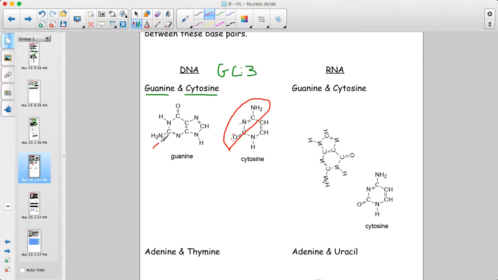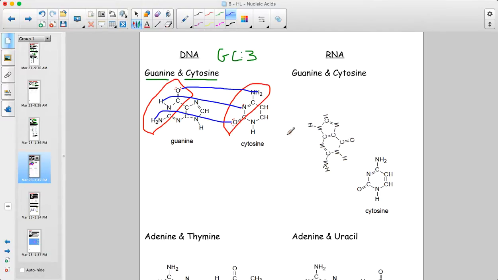If you look over here at the top left, notice this N has that H that we needed. This one has the H that we needed, and this one has a lone pair because we didn't need an H. So in the end, this H is going to be able to form a hydrogen bond here. This N will be able to form a hydrogen bond with that H. This O, a hydrogen bond with one of those H's.